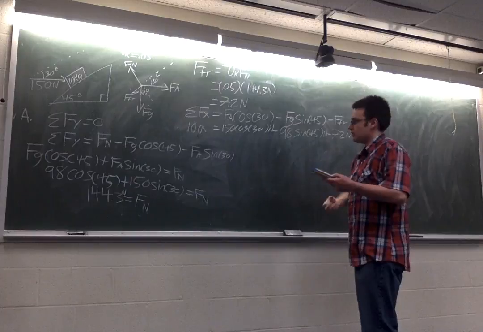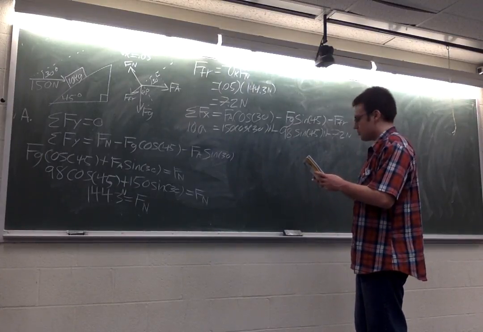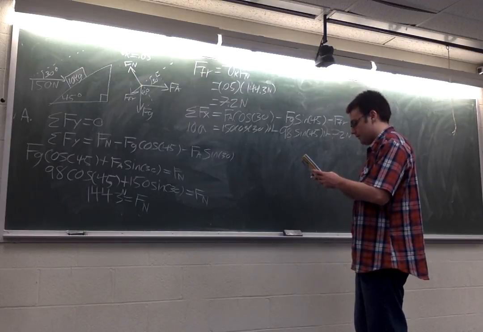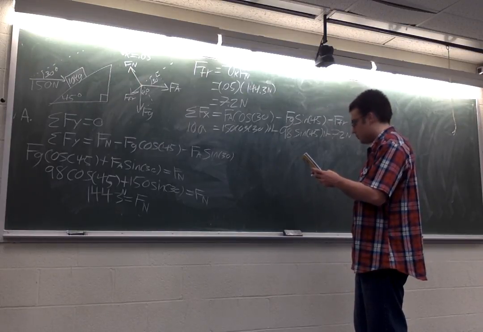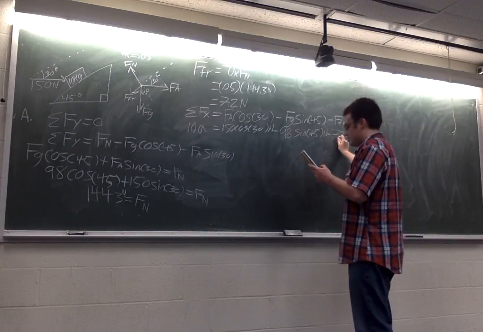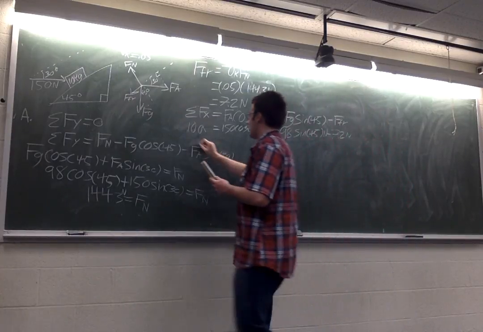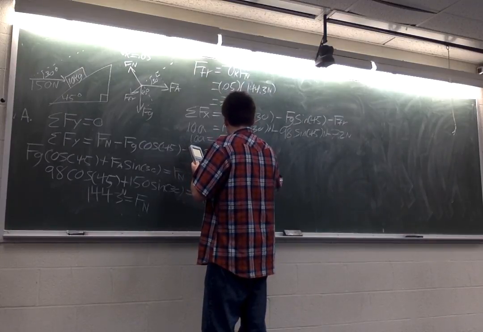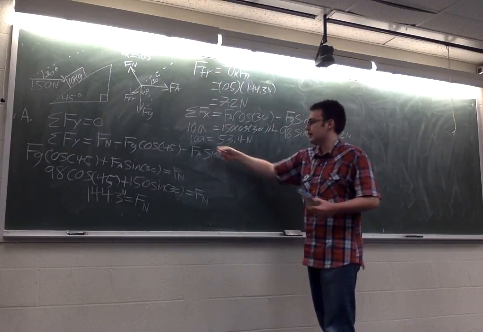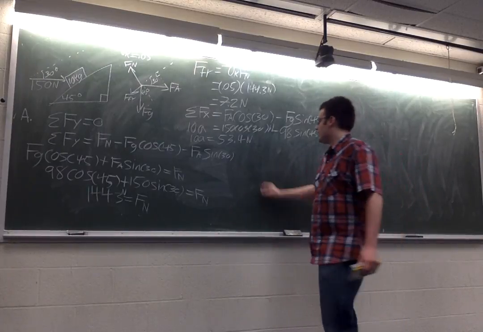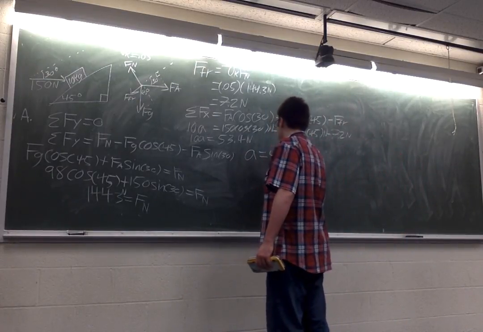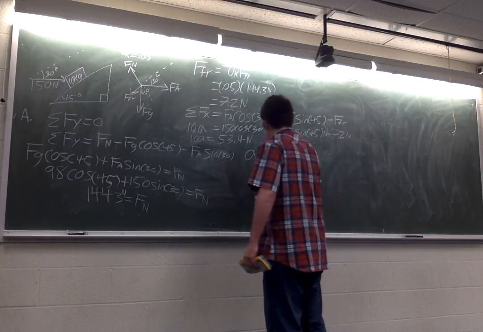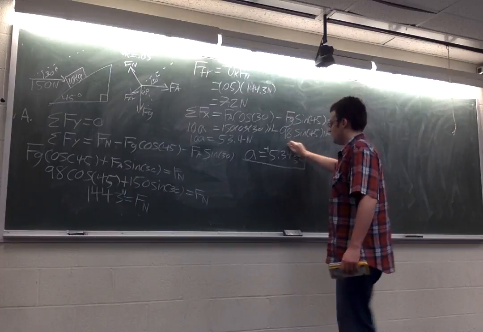So we go ahead and plug this into our calculator. We get 150 cosine 30 minus 98 sine 45 minus 7.2, and we get 53.4. So 10a is equal to 53.4 newtons. Divide both sides by 10 kilograms, and we get our acceleration to be 5.34 meters per second squared going up the incline. This is part A.